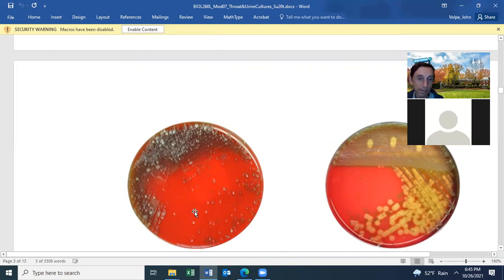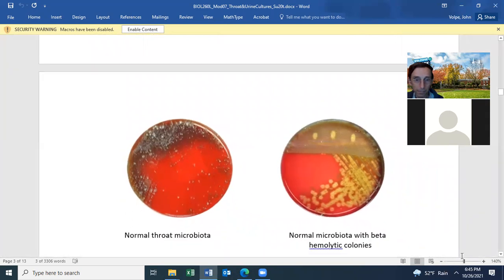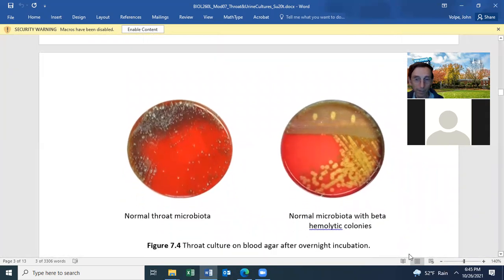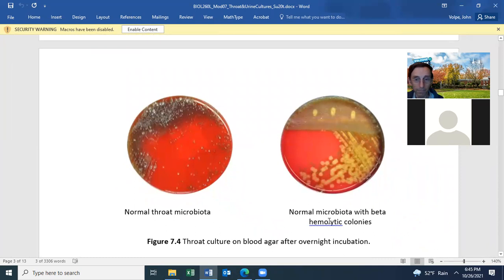This is not beta hemolytic activity. In fact, these don't have any hemolysis. In this region where it's darkening, there is alpha hemolytic activity. So a normal throat, and then hemolytic colonies from the throat culture.